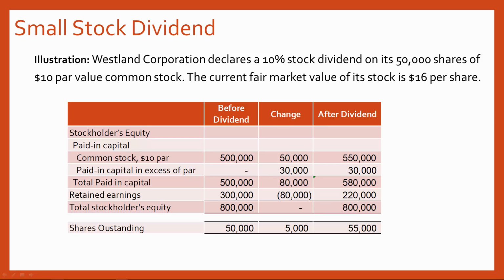If we look at a chart here, you can see that before the dividend, Westland Corporation had $800,000 in stockholders' equity, and after the dividend, they also have $800,000 in stockholders' equity.